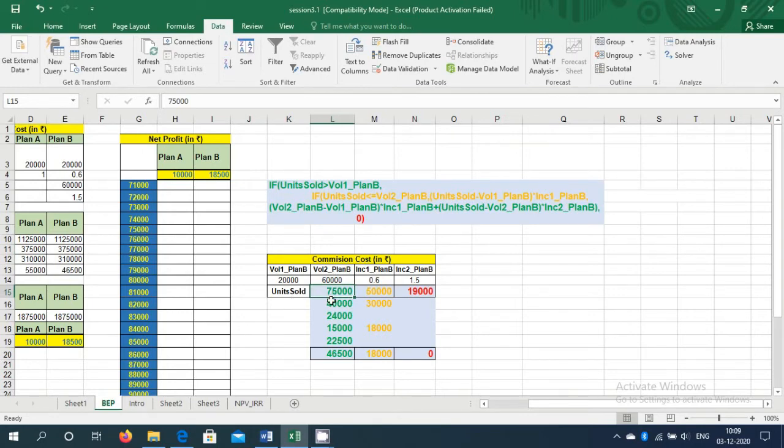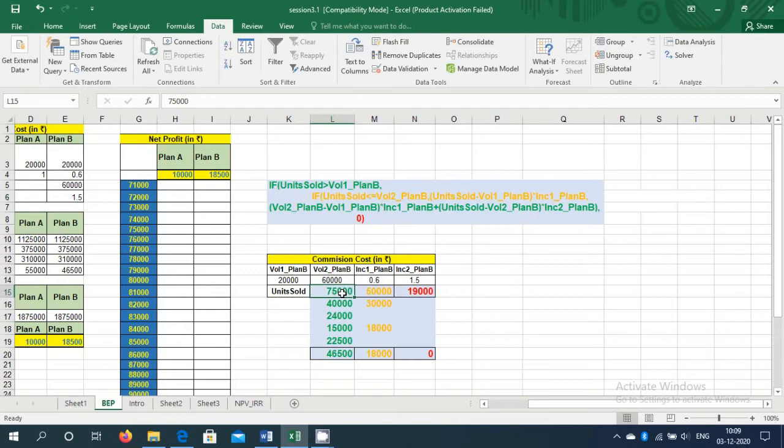First one is 75,000. Volume 1 is 20,000 and volume 2 is 60,000 for plan B, and incentive 1 is 60 paise, incentive 2 is 1 rupee 50 paise. Whatever it is over here, I have rewritten over here. So this is 75,000, an assumed figure I have taken.